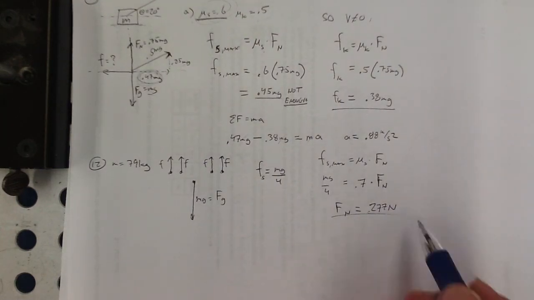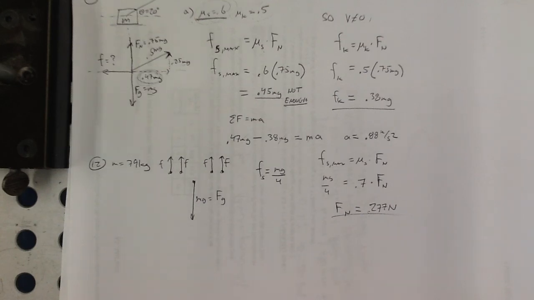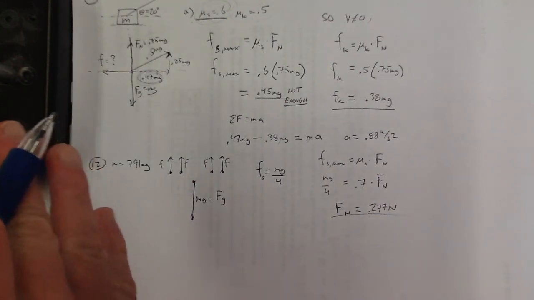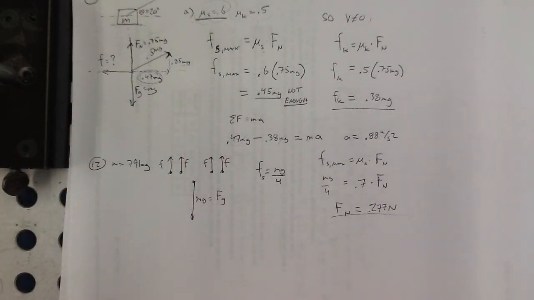So what's this in pounds? The conversion factor is, if you divide this by 5, that gives you a pretty good ballpark. It's actually about 4.54 or something like that, the conversion from pounds to newtons. But if you divide by 5, that gives you a pretty good ballpark.